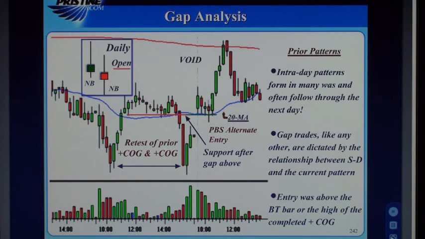So this provided an entry above the high of the bottoming tail bar, or for those of you that want to be more conservative and wait for the bullish changing of the guard bar, you can enter above that bar. But your entry is above the high of the bottoming tail bar. Prices had pulled back, you've got the correction bar, and then it takes out that bar's high. And so as prices begin to advance from there, again you go into trail stop mode for initial exit under a prior bar's low.